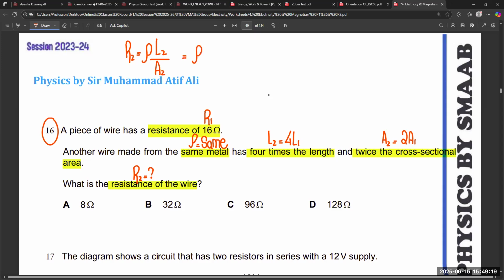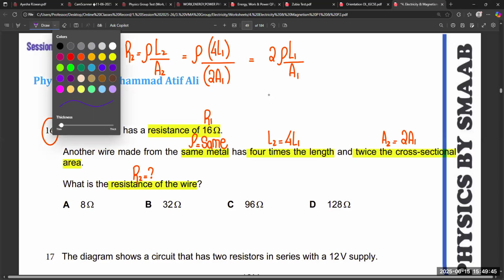In place of L2, we know it equals 4 times L1, and in place of A2, we have 2 times A1. So 2 ones are 2, 2 twos are 4. We got the final answer 2 times L1 over A1.